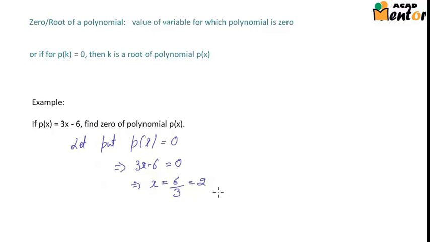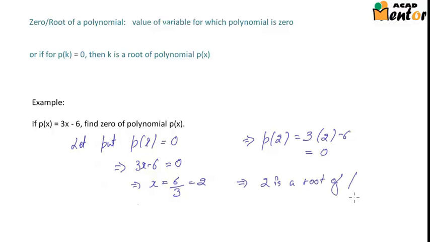Let's use this number 2 in the polynomial, which will give us p(2) as 3 multiplied by 2 minus 6, which is 0. So we can say that 2 is a root of polynomial p(x). So 2 is that value of variable x where p(x) is 0.